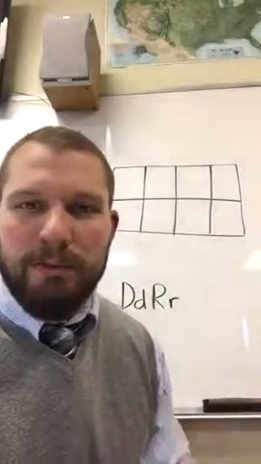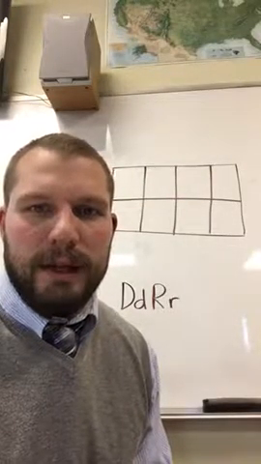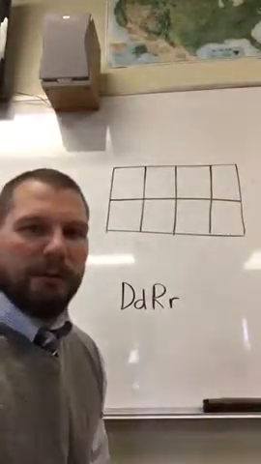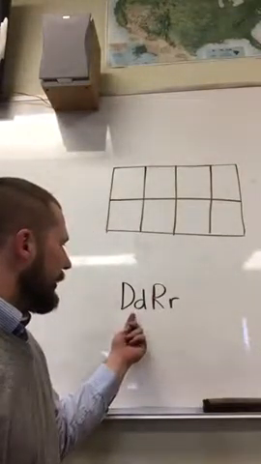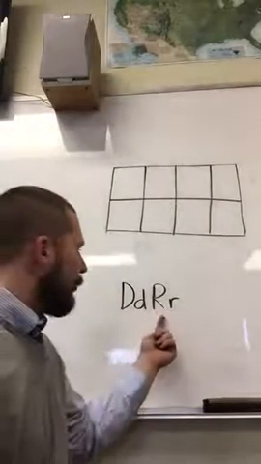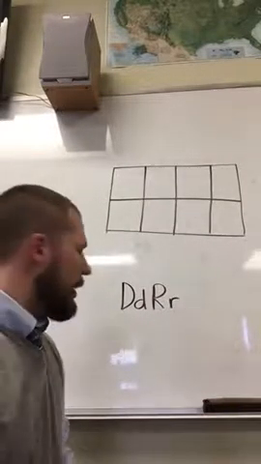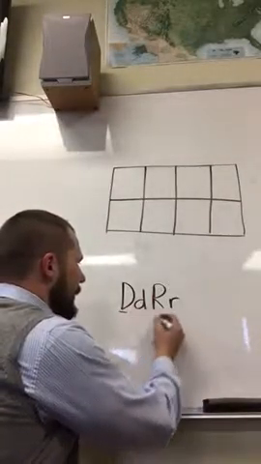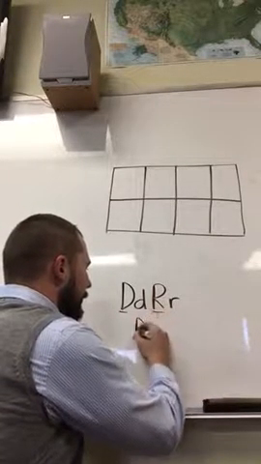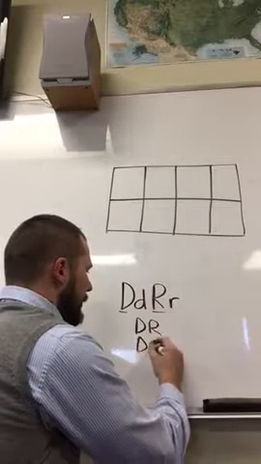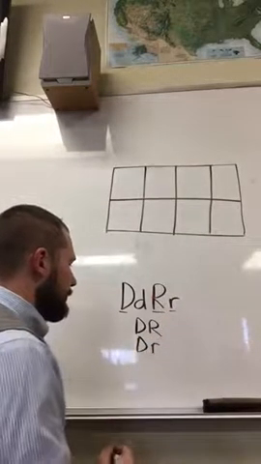But how do I put that up on here? Well, we have to look and see what are all of the possibilities that this parent could give to its offspring. Remember, it can only give one of these D's each time and one of these R's each time. So we have to find out all the possible combinations. If I gave one D and one R, it could be this. It could be this.